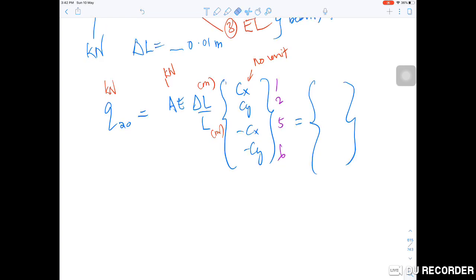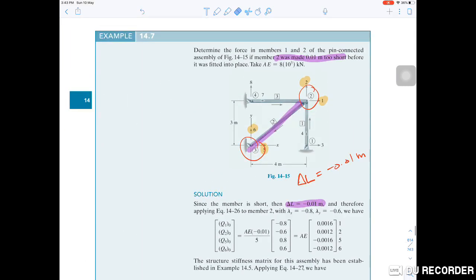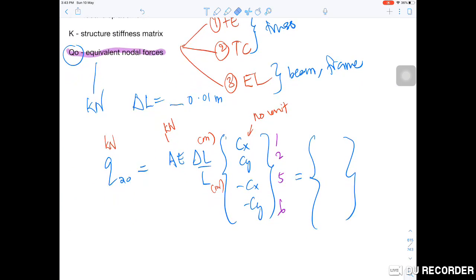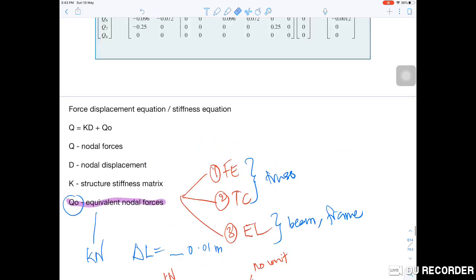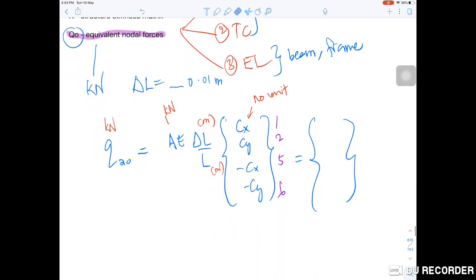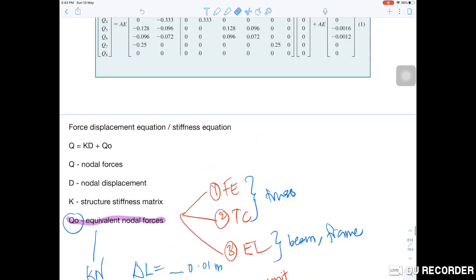So it is AE, 8000, times delta L, negative 0.01, divided by the length. The length for member number 2 is 5 meter, times CX, which is negative 0.8, so we get 12.8.